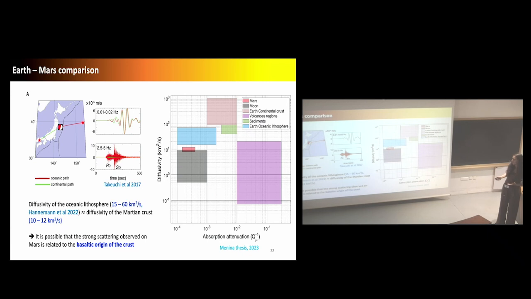So Mars here is really between, at least from diffusivity and also absorption, the Moon and the Earth oceanic lithosphere. So with this comparison, we suggest that maybe the strong scattering that we observe on Mars, which is directly related to the heterogeneities of the crust, could be related to the basaltic origin of the crust.